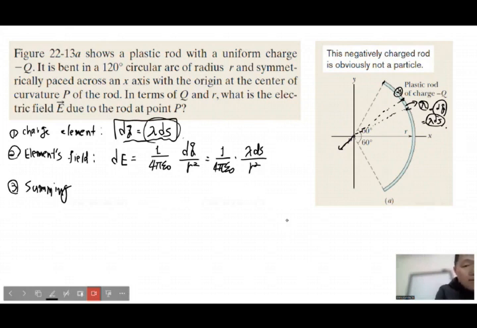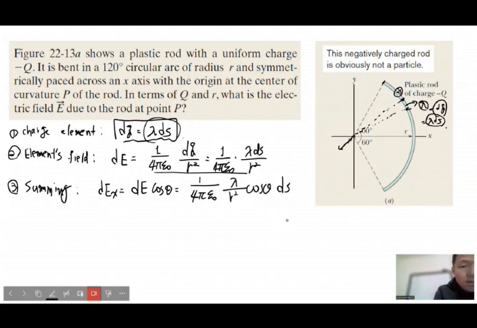That is dEx, which is dE times cosine theta. From the previous expression, that should be 1 over 4 pi epsilon naught, lambda over r squared, cosine theta ds.